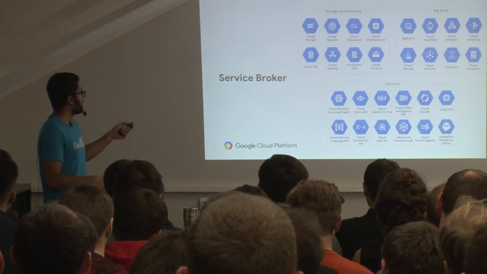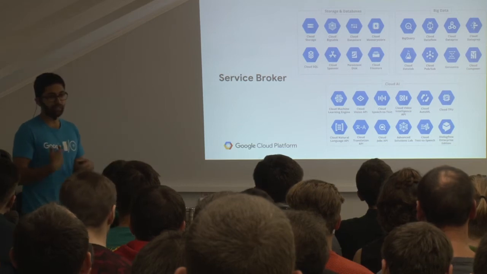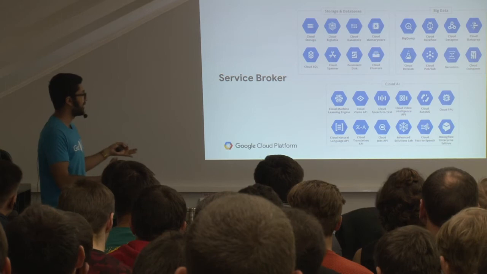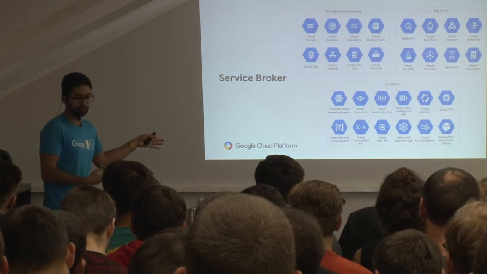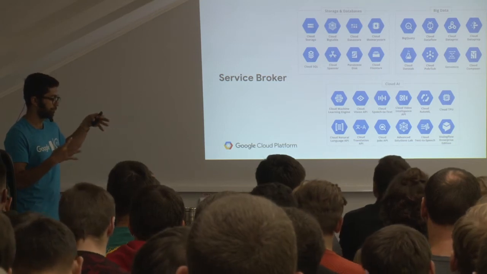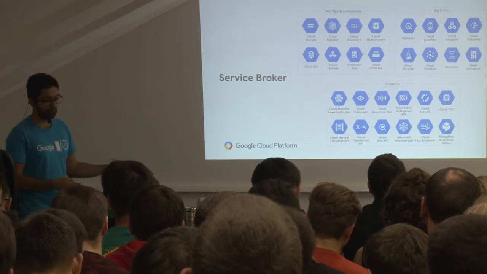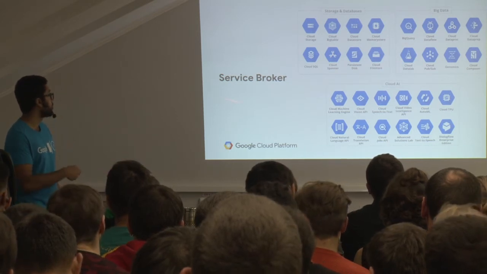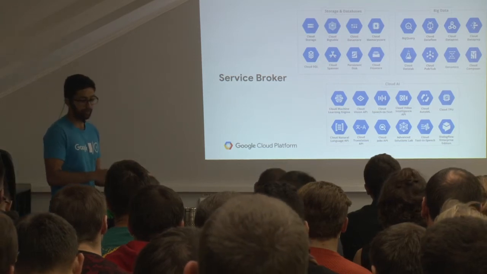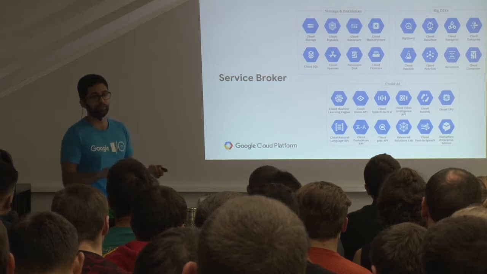Service broker, last thing. We have a lot of other services that you might want to use. Kind of annoying to set it up outside of Kubernetes, right? So you have your operations team have to take care of setting all this stuff up. With the Open Service Broker, again, this is an open source interface. So a lot of open source projects, other cloud platforms and ourselves, we all use this Open Service Broker to provision other resources on Google Cloud and then natively give you the credentials and the bindings inside as Kubernetes secrets, right?